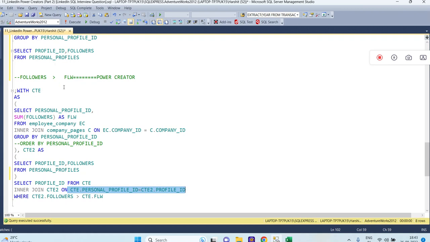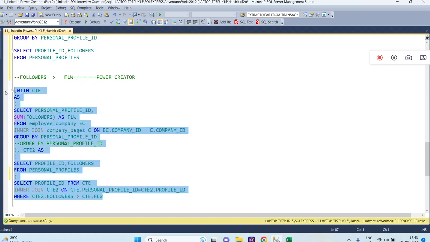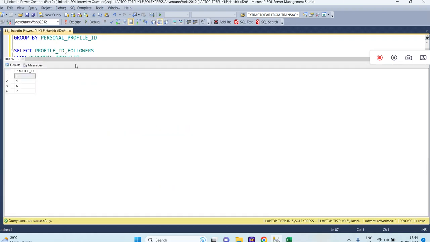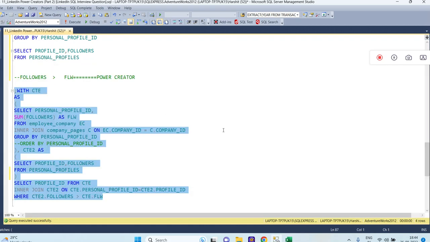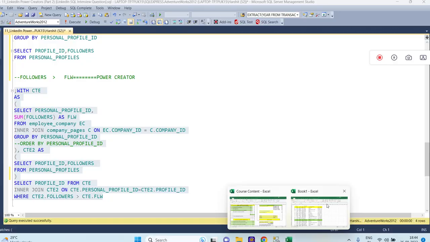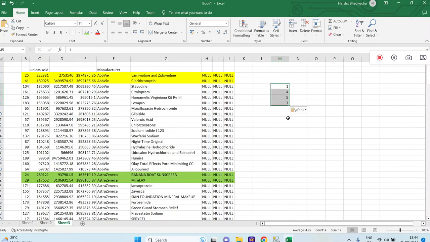And then the personal profile's follower should be greater than the company they work for, right? So now let me select the data. These are 1, 4, 5 and 7.